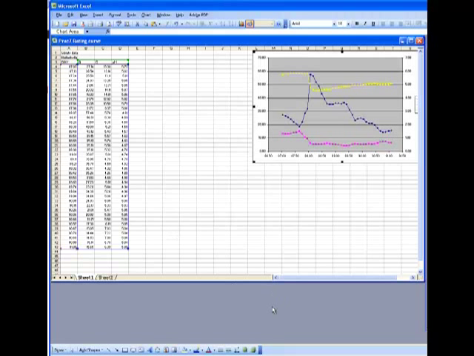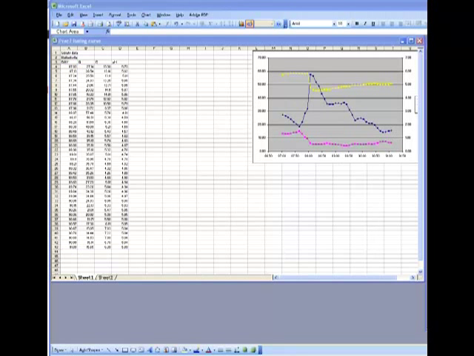The next thing we wanted to consider was the relationship between solute concentration and discharge. Solute concentration being the electrical conductivity, that's the measurement of it in this case. In order to look at the relationship between the two of them, we plot one against the other.